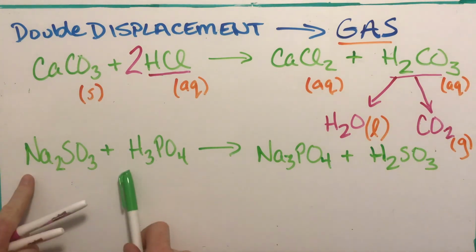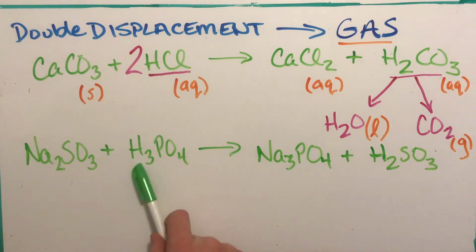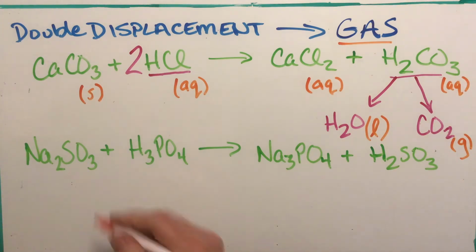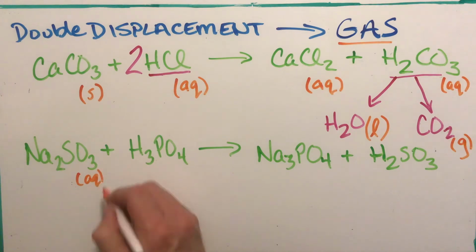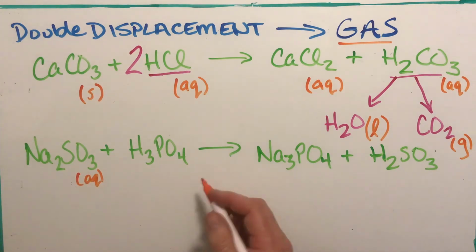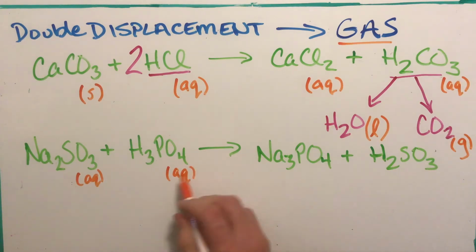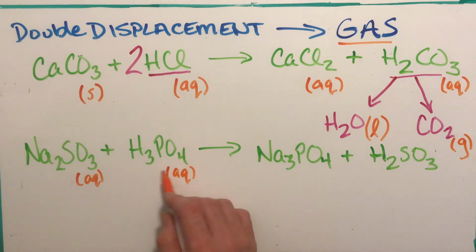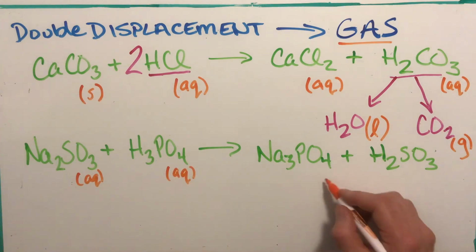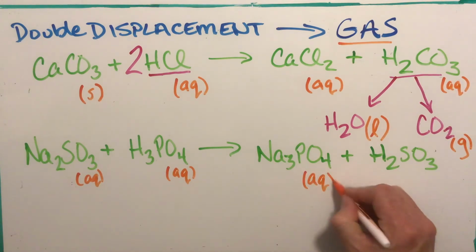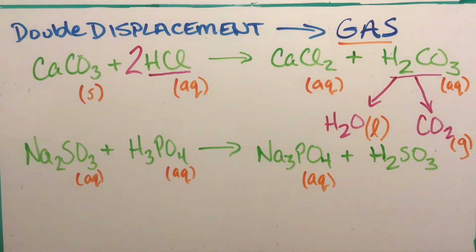So I just switched. The Na went with the phosphate, and the H's went with the sulfite here. I didn't put them on your list, but this sulfite is going to be aqueous if I use solubility rules. This one's sulfite is not on your solubility rules, but it would be aqueous. This is phosphoric acid. It's an acid made with phosphate, and I ate something icky, so phosphoric acid. And I'll get sodium phosphate, which, using my solubility rules, I'll see that it is aqueous.